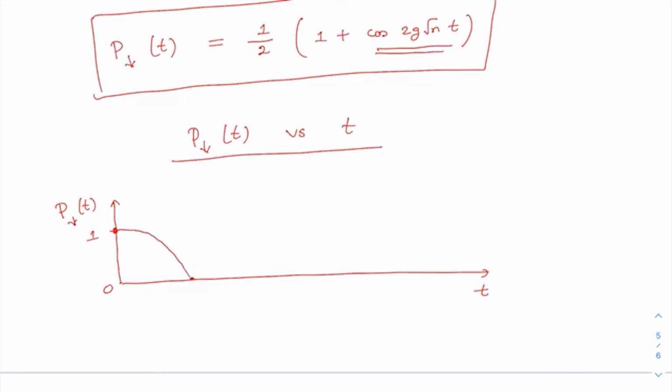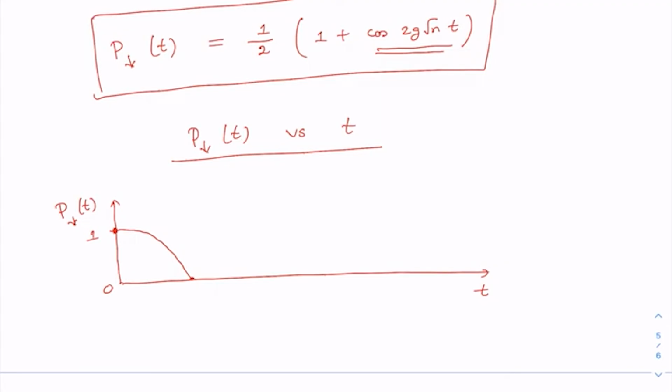Okay, so when it goes to 0, the probability of getting the atom in the ground state is 0, means the atom is actually now in the excited state, and which means that one photon from the field mode is getting converted to one excitation in the atom.